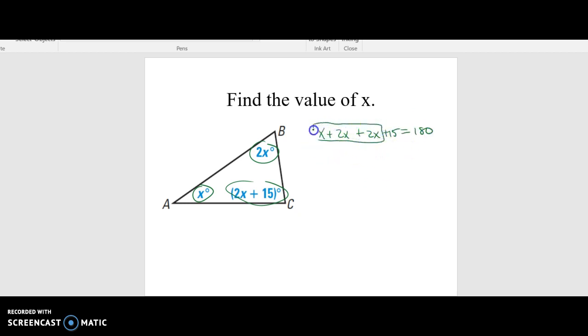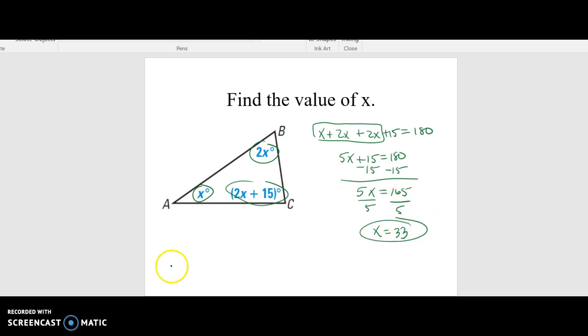So this would give me 2 plus 2 is 4, plus 1 is 5x plus 15 equals 180. Subtract that 15, 5x is equal to 165. And when I divide by 5, x is equal to 33. And we are done.